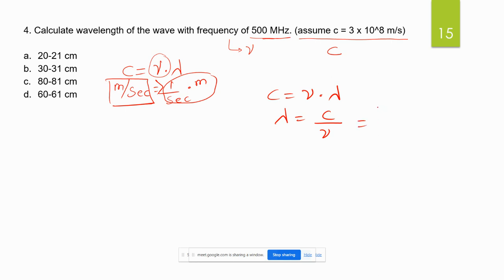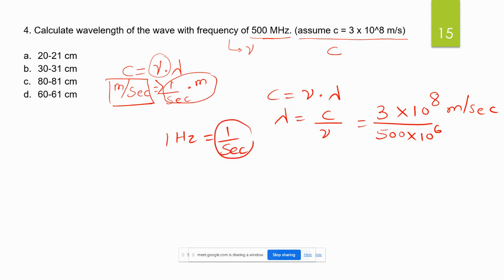So c is given here, 3 into 10 to power 8 meter per second, and mu is 500 megahertz. So that we will convert, mega is 10 to power 6. 1 hertz we can write as 1 by second. So as SI unit is 1 by second, so we have to convert this megahertz into hertz. So that is 500 into 10 to the power 6 hertz.